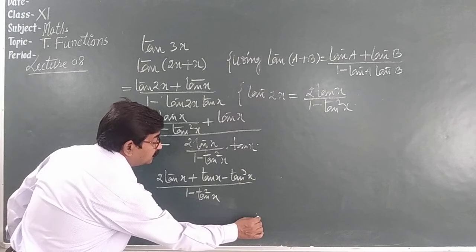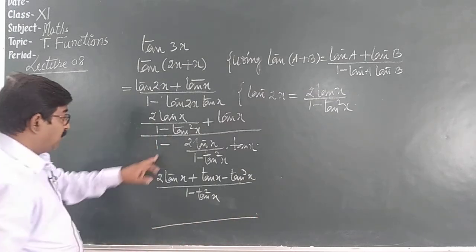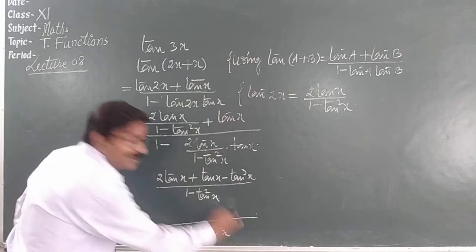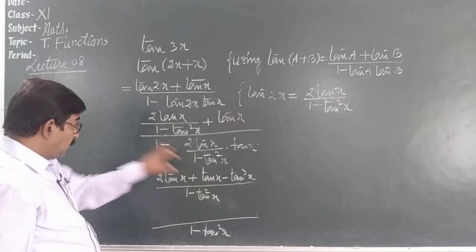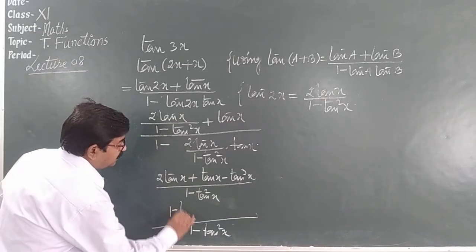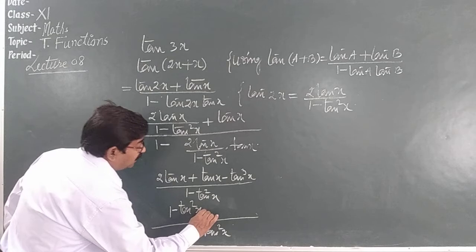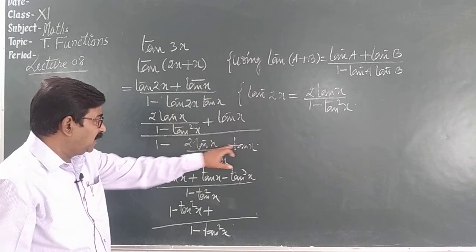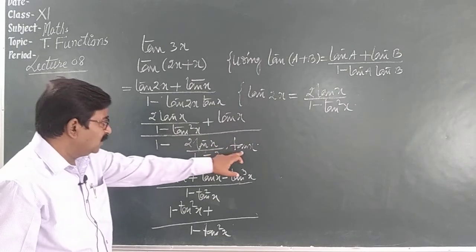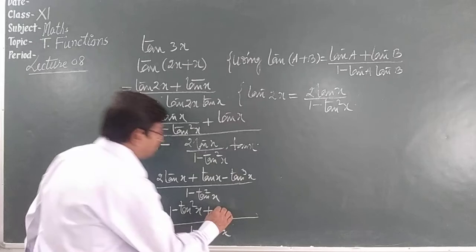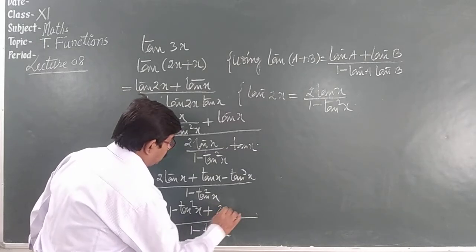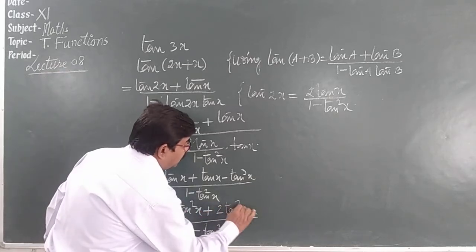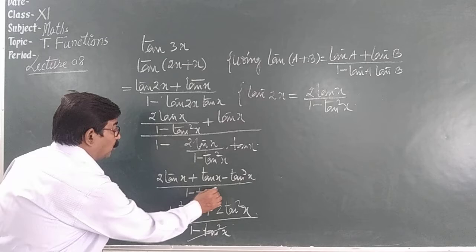Again, LCM of denominator is 1 minus tan square x. Multiply this, 1 minus tan square x plus here 2 tan square x, tan x into tan x. So we have 2 into 1 minus tan square x. This LCM will go.